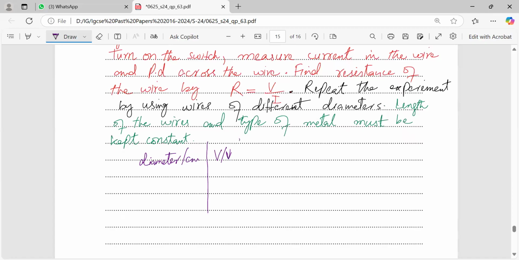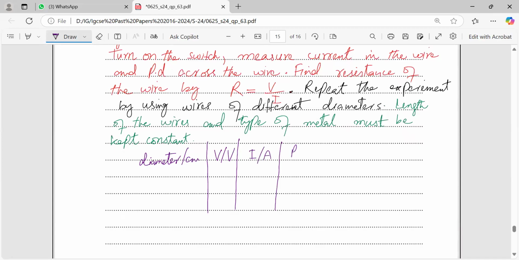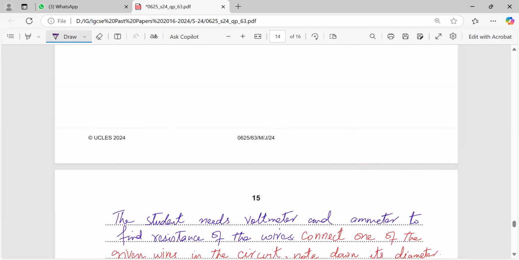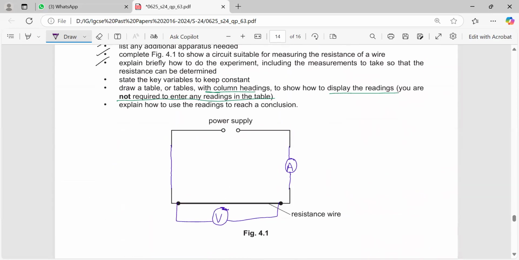Capital V for voltage, capital V for its unit. Current in ampere. Resistance in ohms. See, the independent variable is the first column heading, and the dependent variable, which is the resistance of the wire, is the last column heading. Now, of course, they will ask us to reach a conclusion.